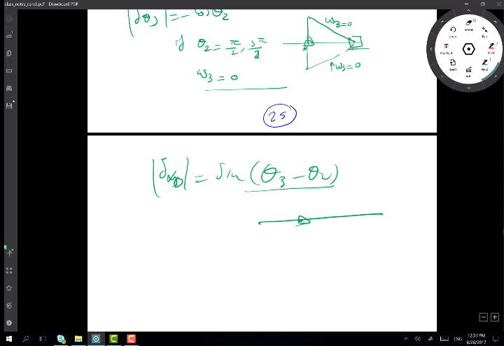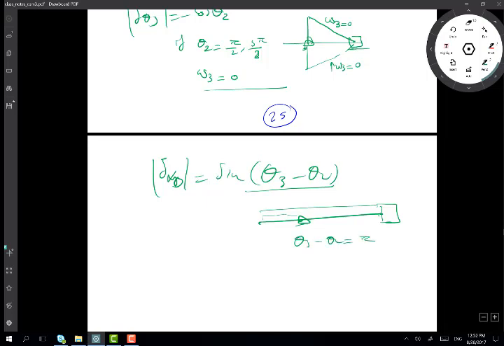So this is one possibility, where R3 comes on top of R2, and theta 3 minus theta 2 is pi.